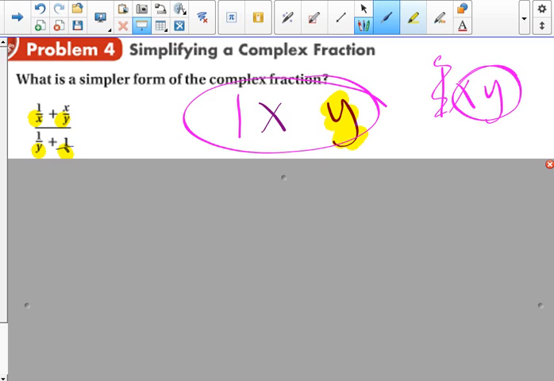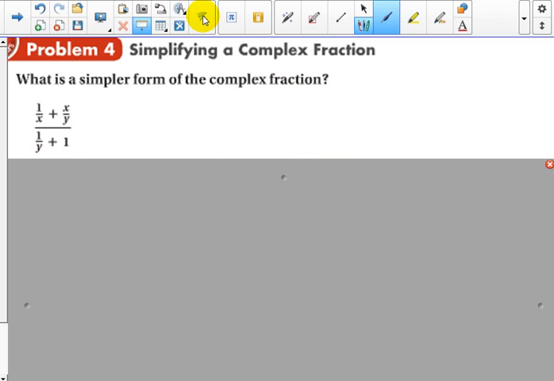So I'm going to multiply every single term here by xy. Just get 1 each of your denominator, multiply everything by that, and you'll wipe out all of your denominators. And then we end up with a simple fraction. So here's what we're going to do. We're going to multiply by xy over xy.